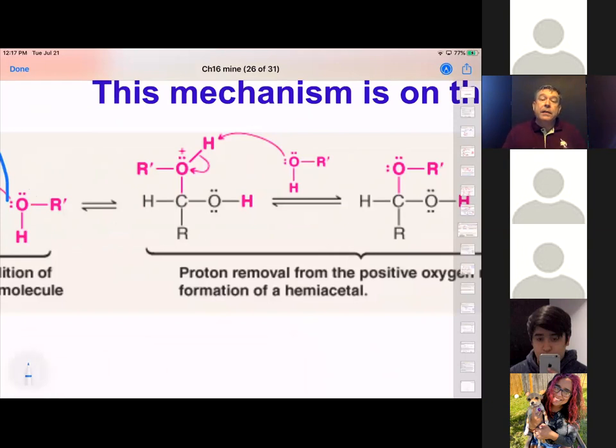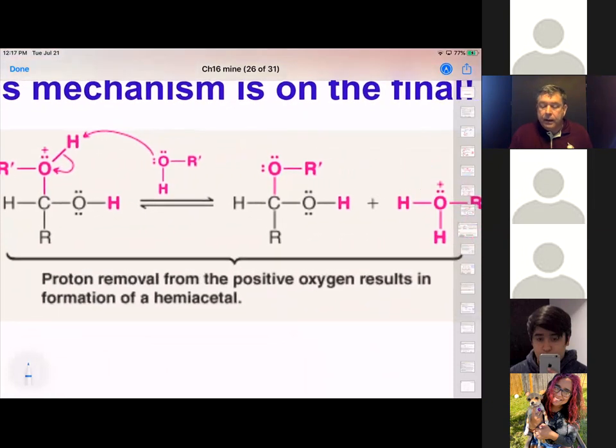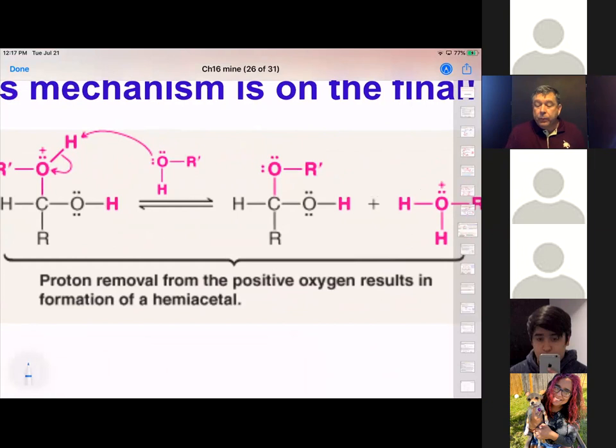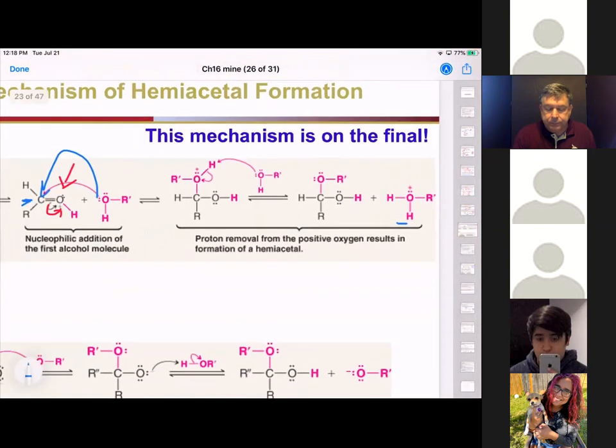And then we can use either an alcohol or water in solution to act as a base and get to our neutral species, okay? So when we do that, we end up with our hemiacetal, and we've regenerated our acid species here, okay? Notice every single step of this is in equilibrium, meaning if you add more water to it, it's going to go back to the hydrate or going back to the carbonyl compound.